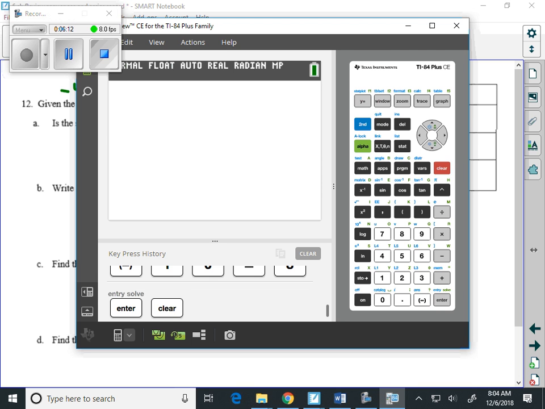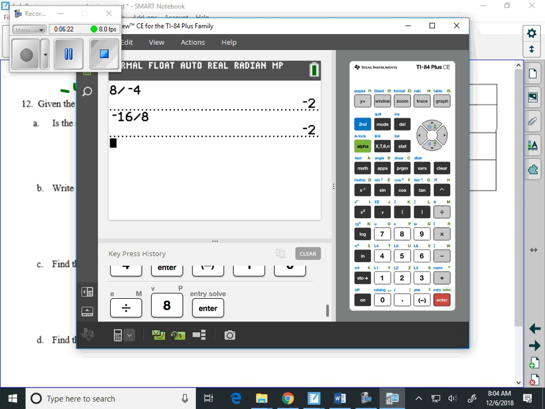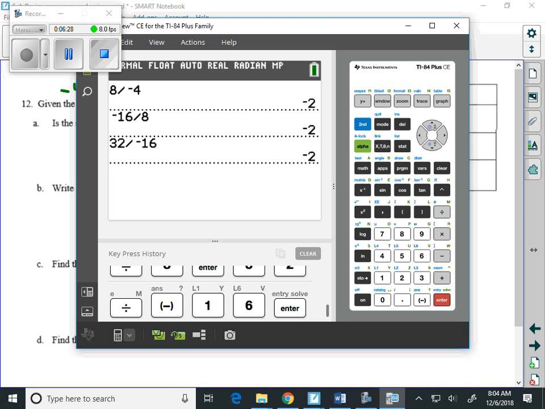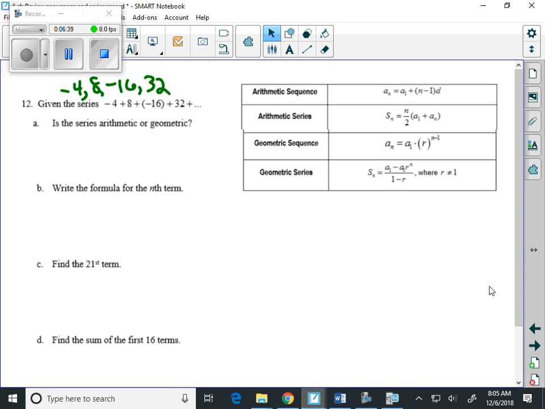Let's clear that out and let's try that again. 8 divided by -4 is -2. -16 divided by 8 is -2. 32 divided by -16 is -2. Because when we divide, we ended up with -2 every single time, this qualifies as a geometric.